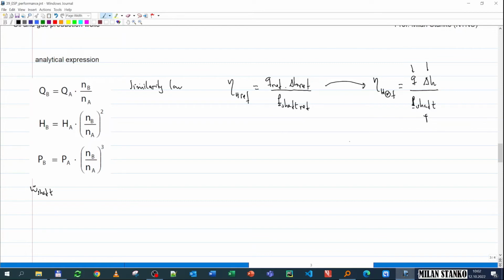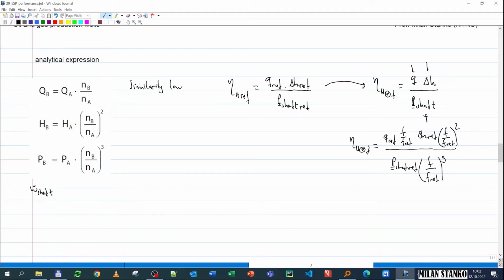So to do that, this will be the Q ref times F divided by F ref, and this will be the delta H ref times F divided by F ref squared, and then I have the P shaft ref times F divided by F ref to the power of 3.